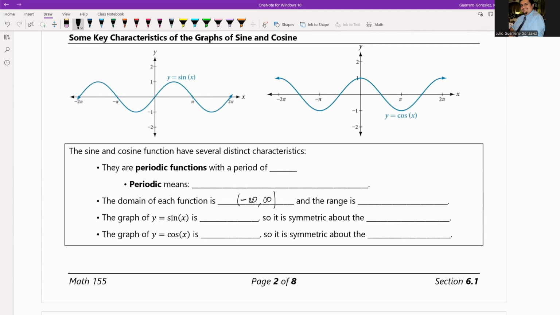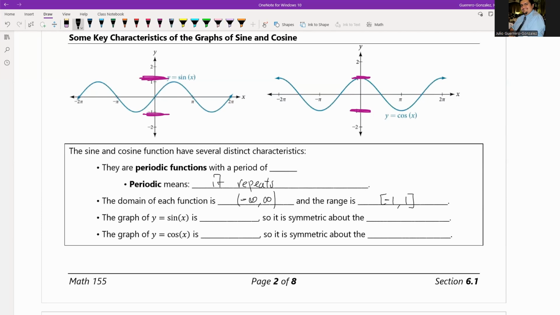And the range, notice how it bounces in between +1 and -1 for both of these. So the range is going to be from -1 to +1, with closed brackets because it does actually get to +1 and -1. These kinds of functions are called periodic functions. Periodic means that it repeats.